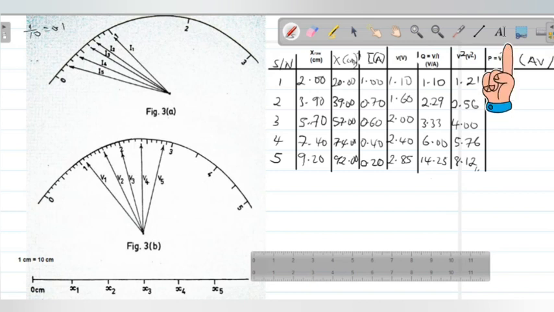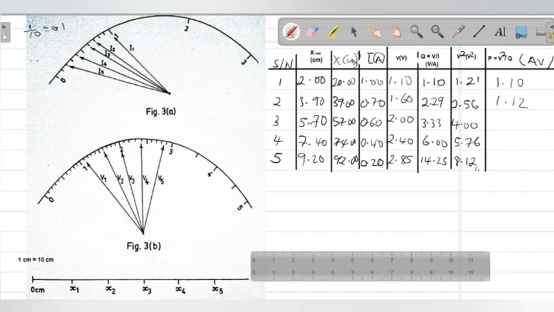So we are going to evaluate P is equal to V squared divided by Q. We divide this by this, and that gives 1.10 to 2 decimal places. We are evaluating this to at least 3 significant figures also. When I divide 2.56 by 2.29, I will get 1.12.